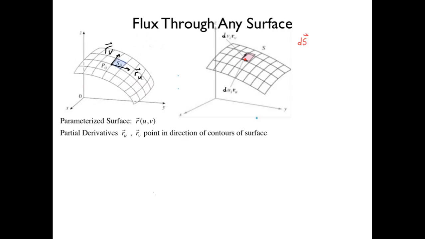It was the magnitude of the cross product, the area of the parallelogram formed by the two vectors, right? Remember that? So this is all about the cross product, right? Because the direction of ds will be the cross product of those two vectors, and the magnitude of our little ds will be that area, which is the magnitude of the cross product.